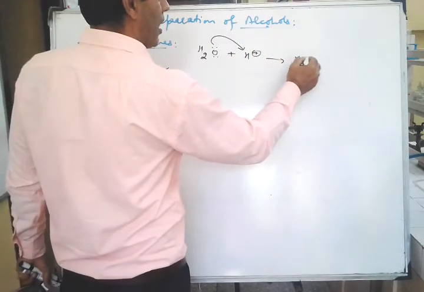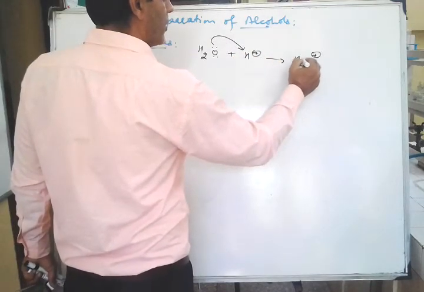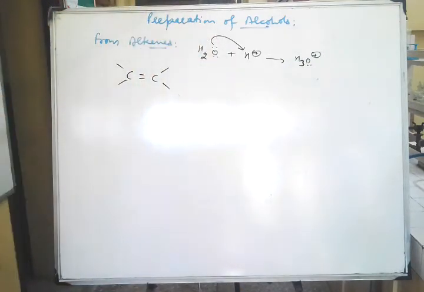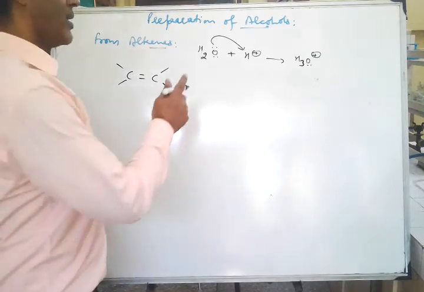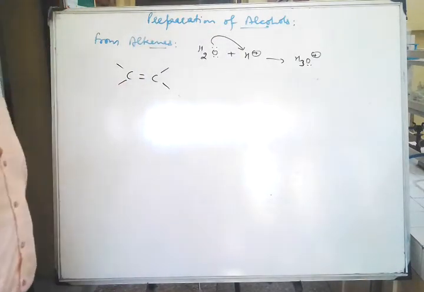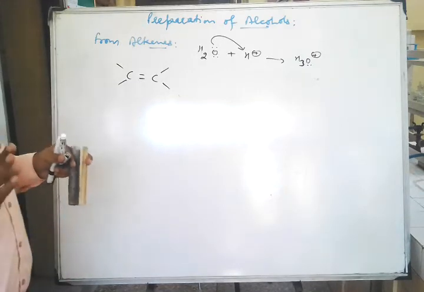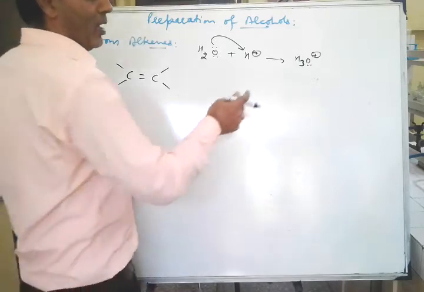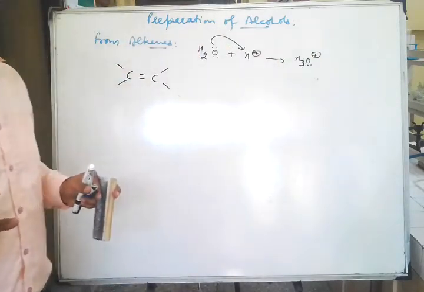So what is formed? H3O positive is formed. H plus ion gets bonded to the oxygen atom. The oxygen atom uses its lone pair electrons for the formation of a bond with the H plus ion, and when oxygen uses its electron pair, oxygen becomes electron deficient, and that's why oxygen acquires positive charge.